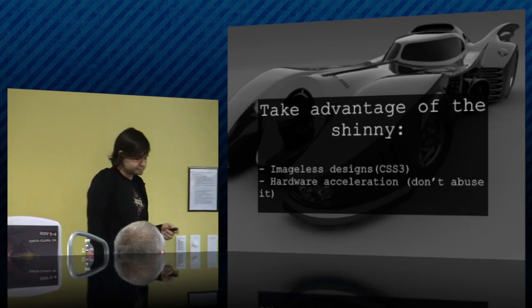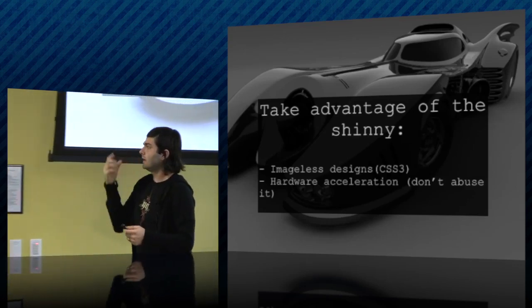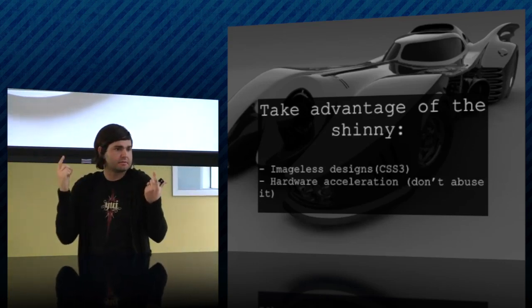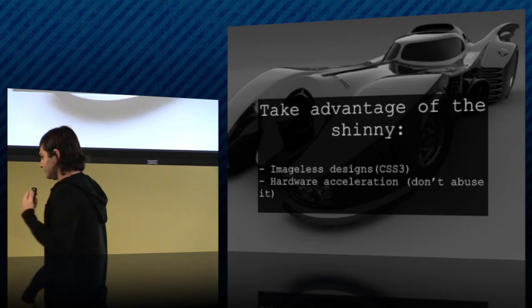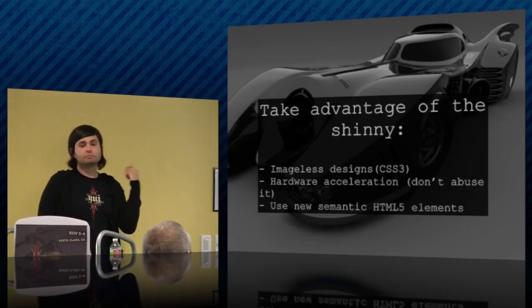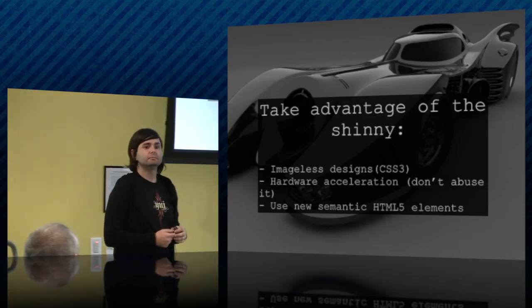Hardware acceleration, use it, but don't abuse it because every time you do something like that, it creates an image, and that image takes space in memory. So again, watch out for those. And lastly, just use all the HTML5 goodness, all the new semantic stuff.